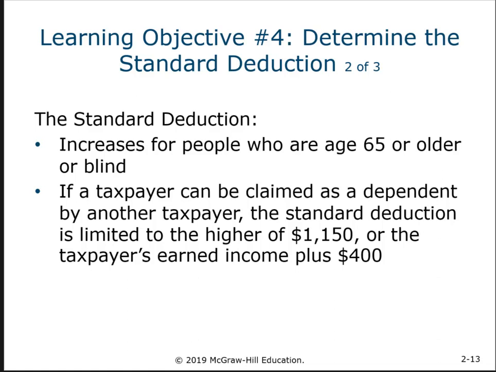On that tax return, if you can be claimed as a dependent, if you qualify based on the rules we talked about in the first podcast, then you are limited in your standard deduction to the higher of $1,150 or your earned income plus $400. So if you have a part-time job and you make $2,000, your standard deduction is $2,000 plus $400.